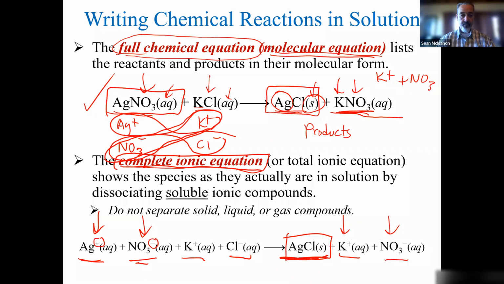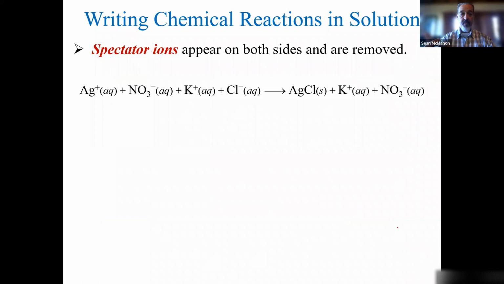Now, why is that important? Well, from the total ionic or complete ionic reaction, we can eliminate on both sides ions that are simply staying dissolved, floating around and not doing anything. Those ions are referred to as spectators. They're watching the other ions come together and yield some type of product.